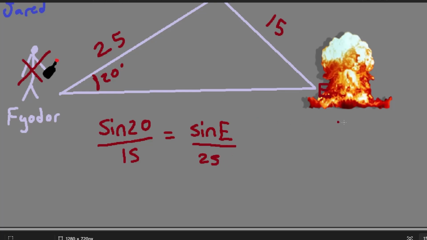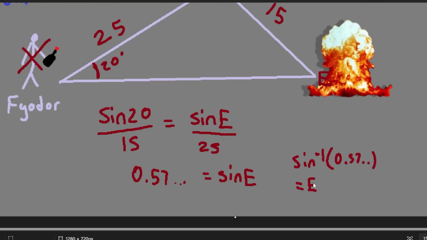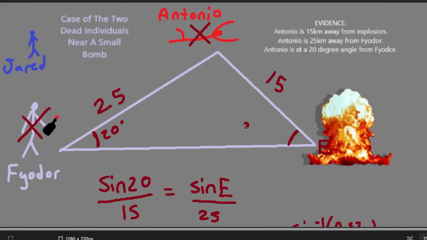Now using some simple algebra, and including the entire value, but around 0.57 is equal to the sine of E. So to find E, let's just do the inverse sine of 0.57, and we get that E is 34.75 degrees.